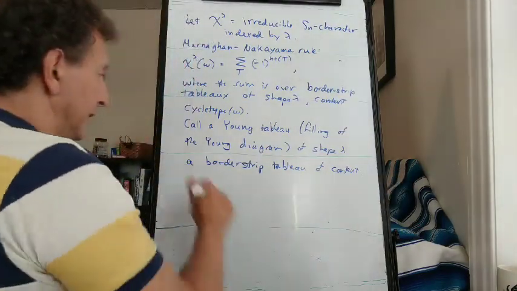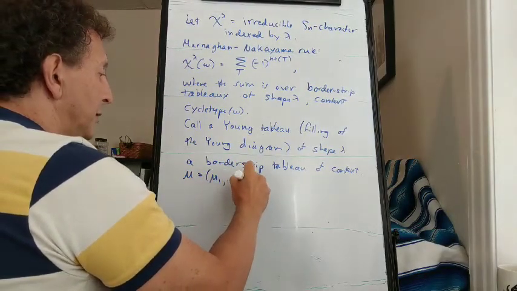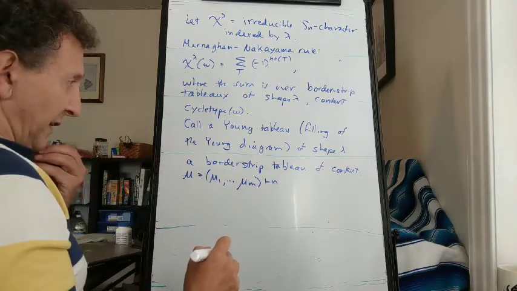Let's say mu is mu1 through mu m, and that's a partition of n.